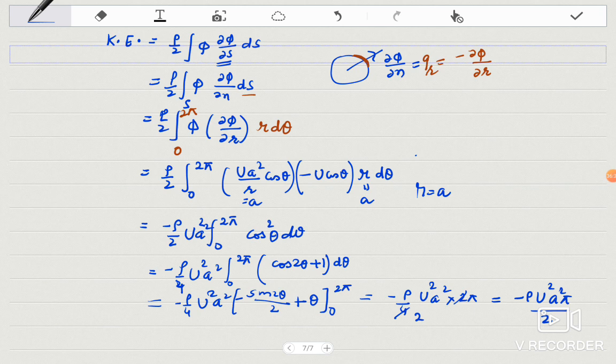Similarly, here the minus symbol will not affect the quantitative result. It will just tell you the direction.